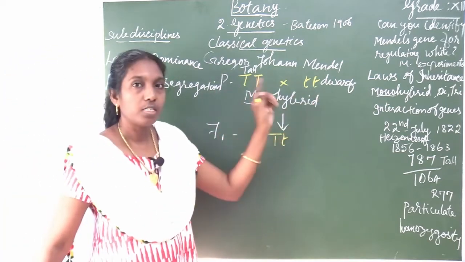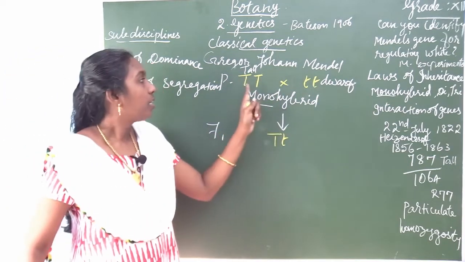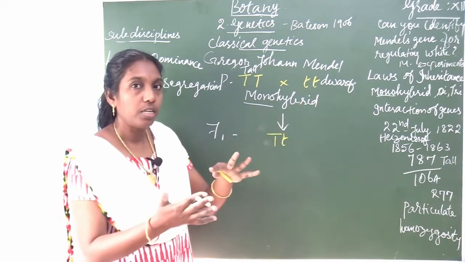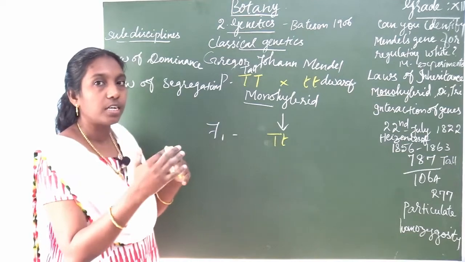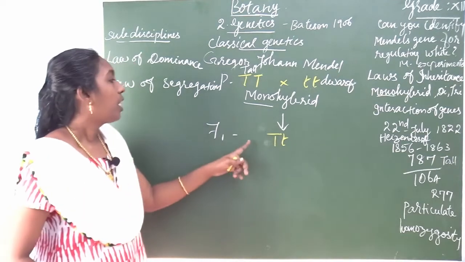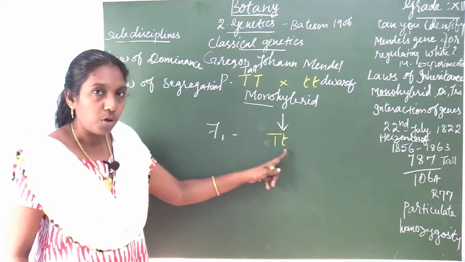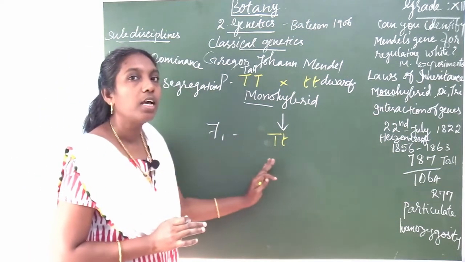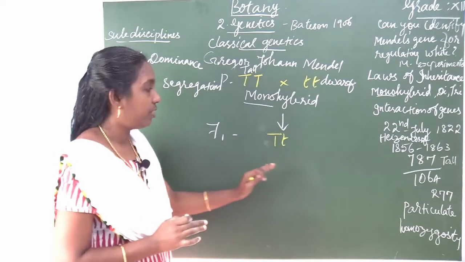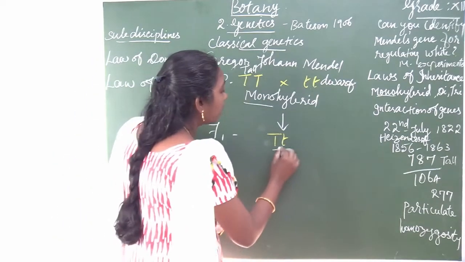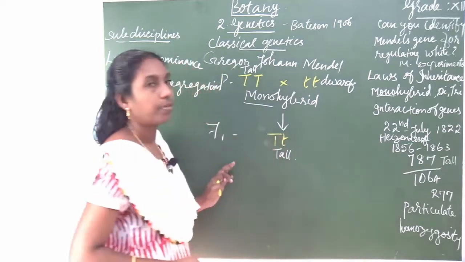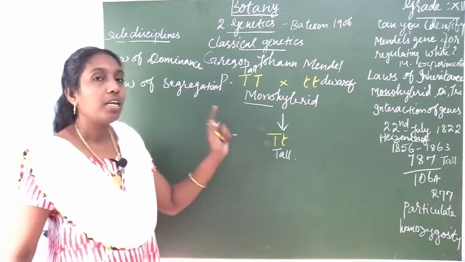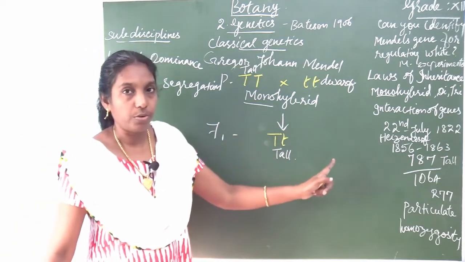Among these two, this is the contrasting character: this is tall and this is dwarf. So, naturally the first generation expresses the dominant. It expresses capital T and small t, a hybrid heterozygous condition. The alleles are in heterozygous condition, but it expresses the tall character. So, in a monohybrid cross, it produces a 3:1 ratio.